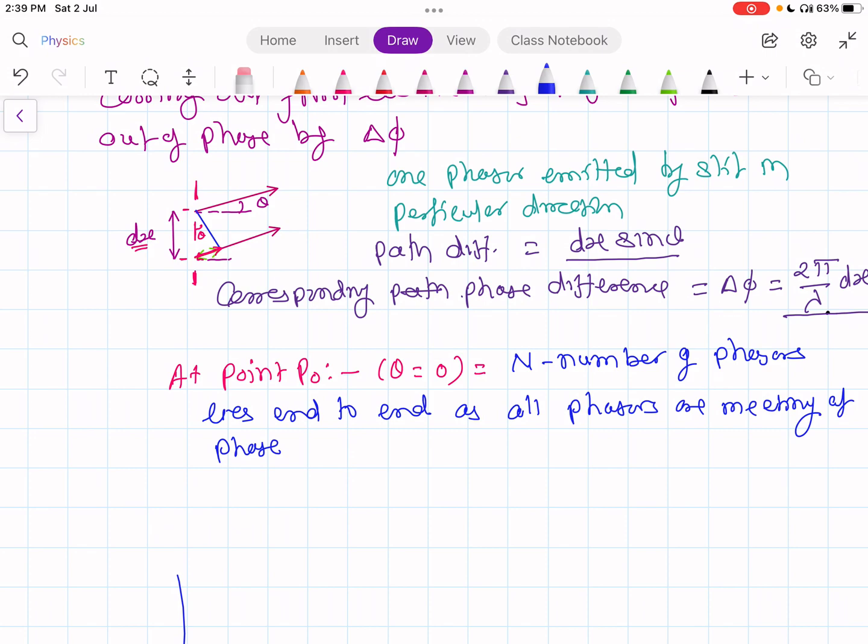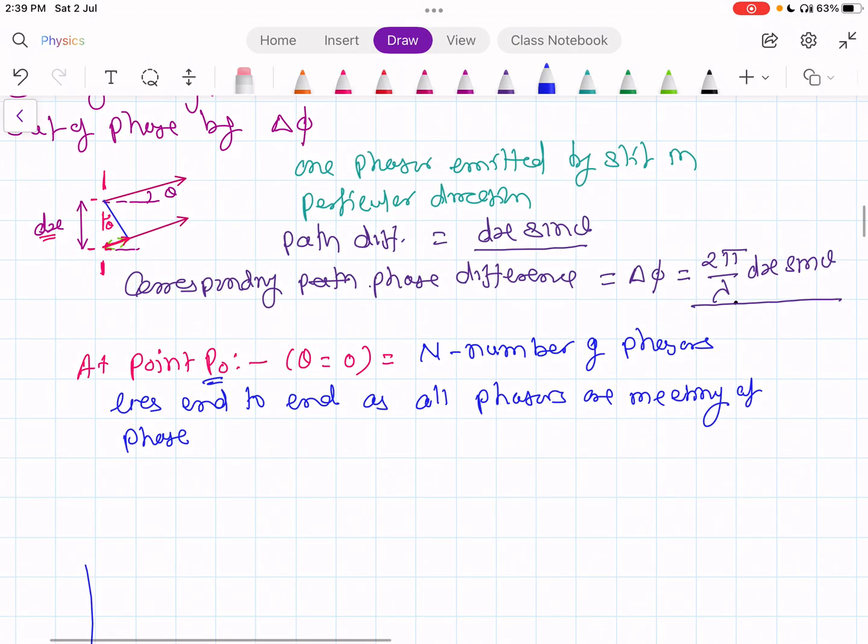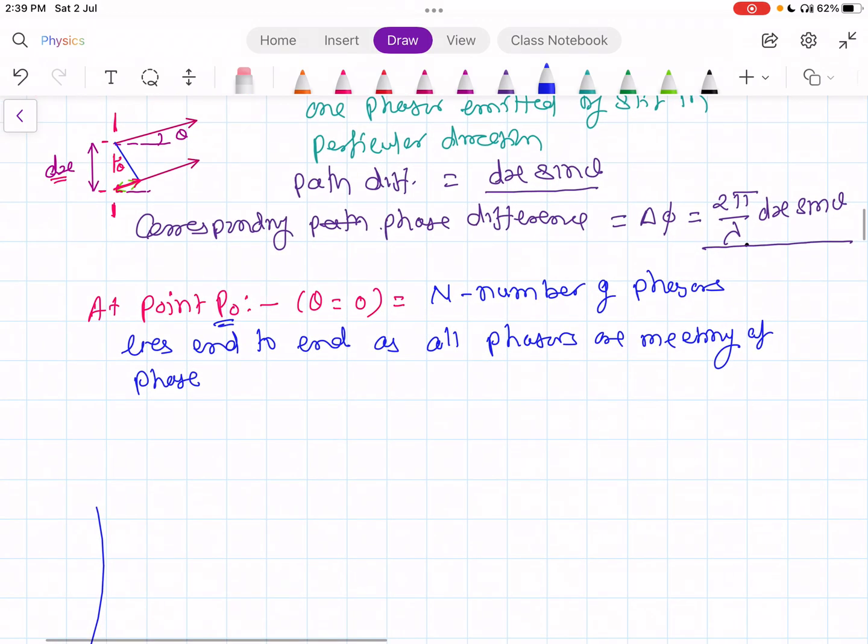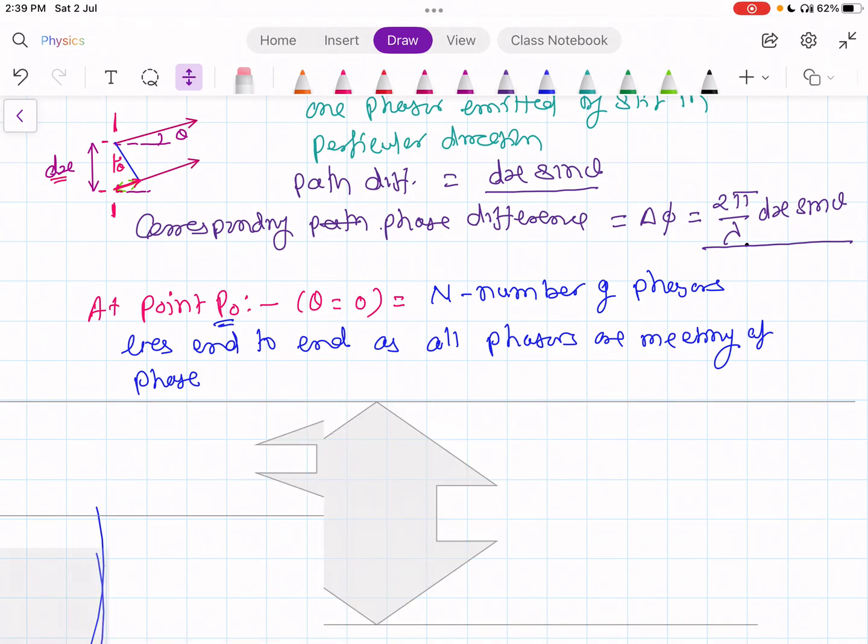There is no phase difference between the waves reaching point P naught, and that's why these phasors will lie end to end.